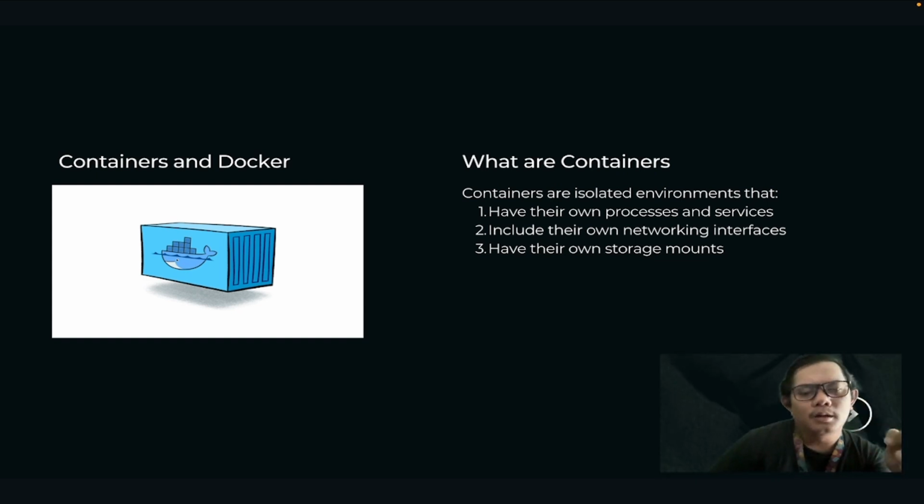Let's compare a Docker container with traditional virtual machines, or VMs. With Docker, you have the host operating system, for example Ubuntu with Docker installed, and containers share the host operating system kernel, making them lightweight and fast. Containers only include the app, its dependencies, and libraries.